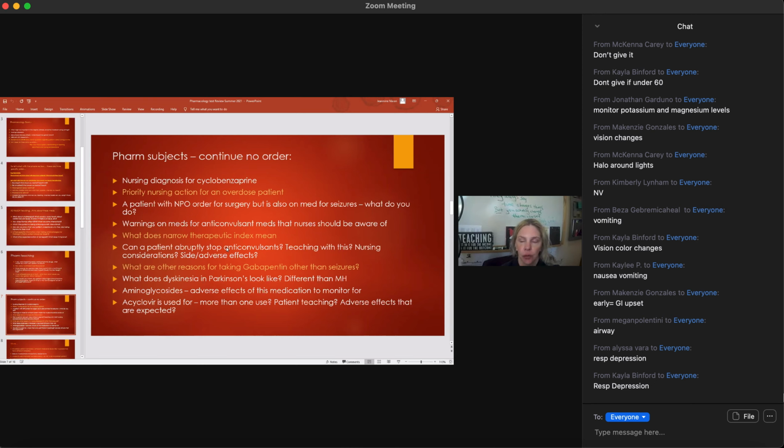This one I really want to go over because I want you to critically think about this. Patient has an NPO order for surgery, but takes seizure medication.